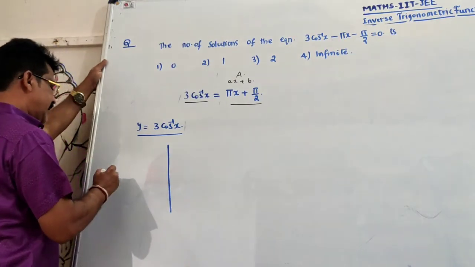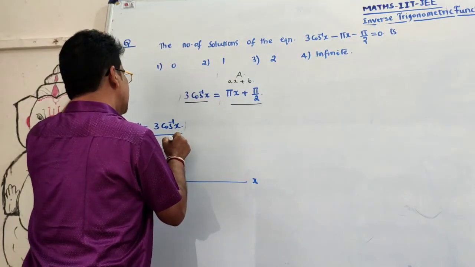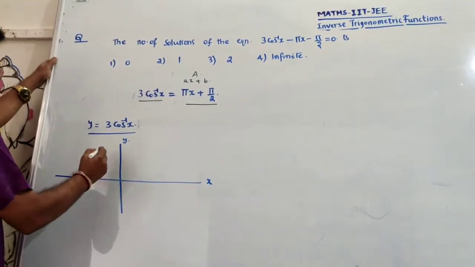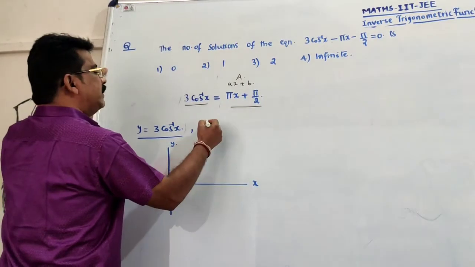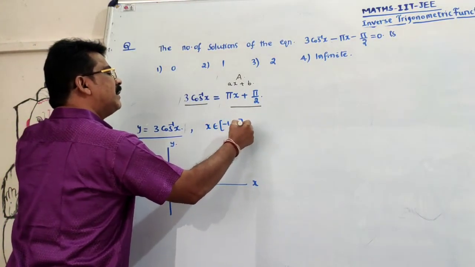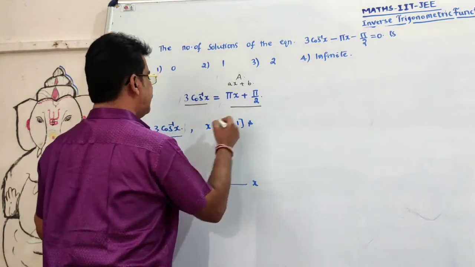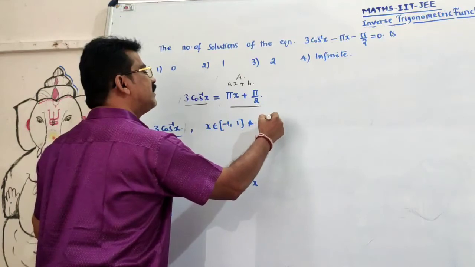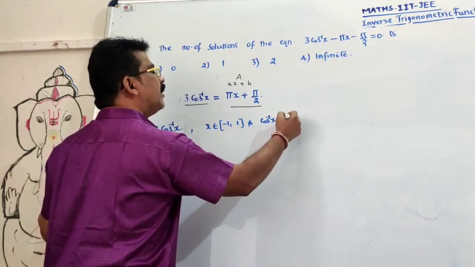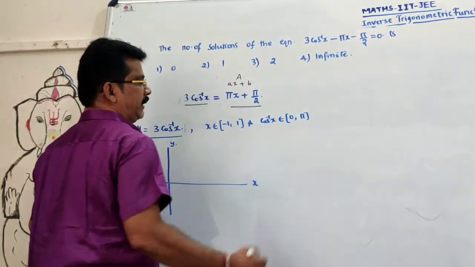Here this is the x axis, and this is the y axis. The domain means x belongs to the closed interval of -1 comma 1, and the range of cos inverse x is the closed interval of 0 comma pi.